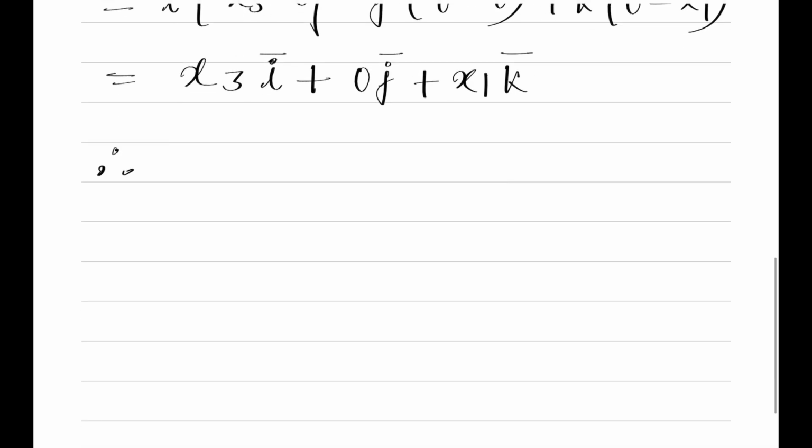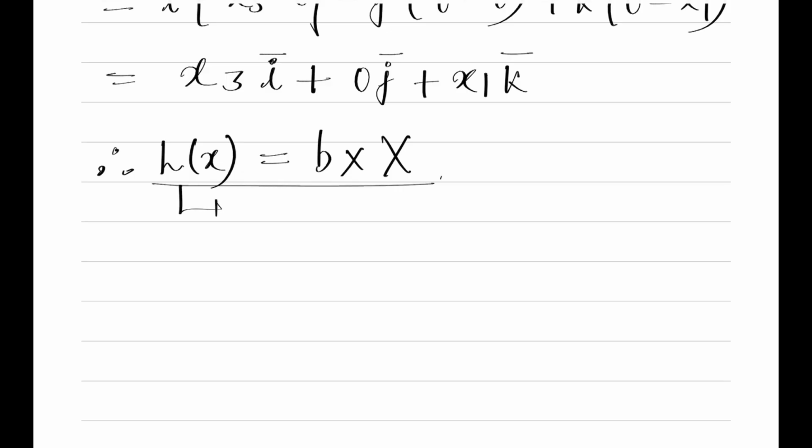Therefore we can write our Lx, which is b multiplied by x, equal to x3 i cap plus 0 j cap minus x1 k cap.